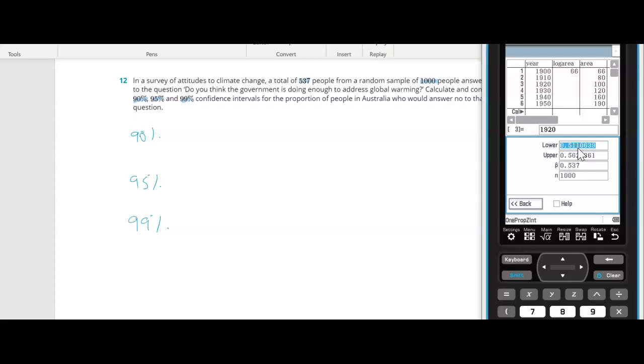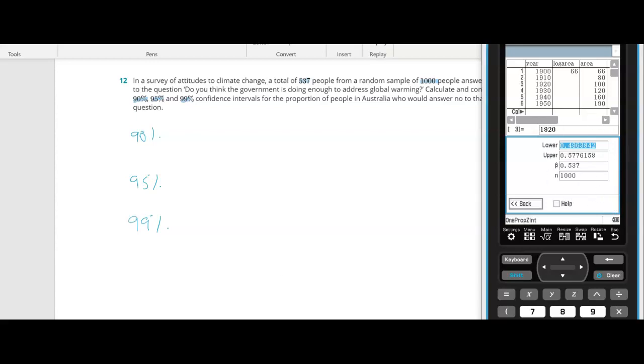So 0.511 and 0.562. You can write them down. Let's quickly do 95. So the same thing, we're just changing the C level, the confidence. All right, so we can see those values there, so you can copy them down, and let's go back and do 99. All right, so there's your values there.